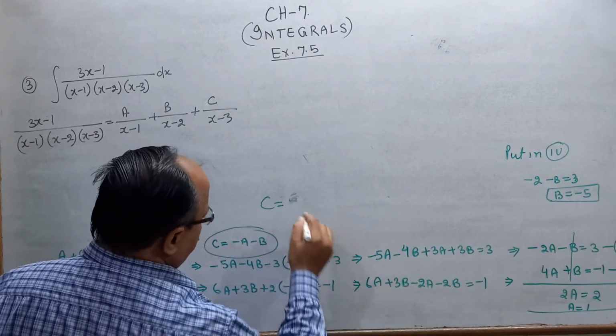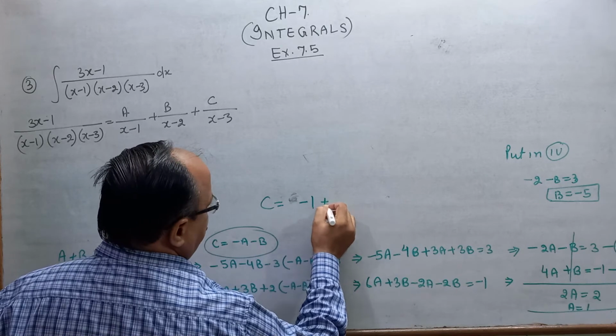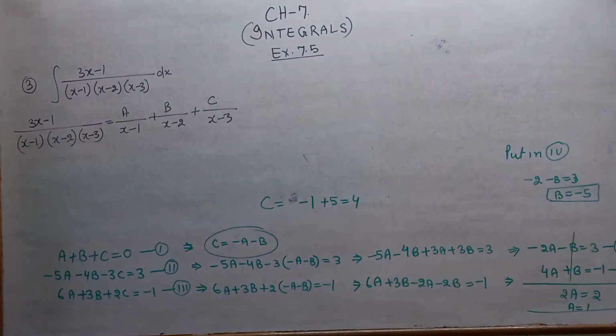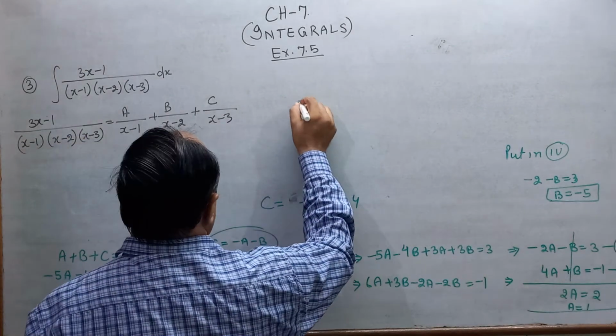Minus A, you know, minus 1 and plus 5, that is 4. Now, you know that the value of A is 1, B is minus 5 and C is 4. Put all the values here.